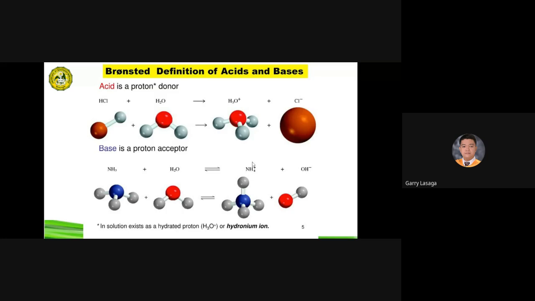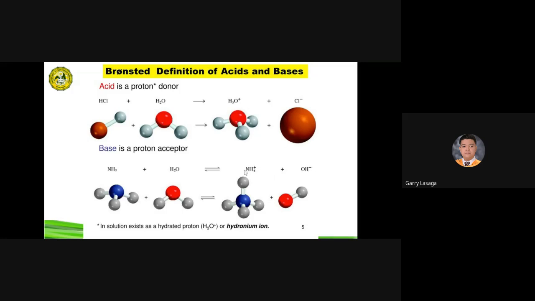So NH4, ito yung tinatawag natin na conjugate acid. The hydroxide ion is our conjugate base. Conjugate base siya because it has a negative charge and it loses hydrogen ion.